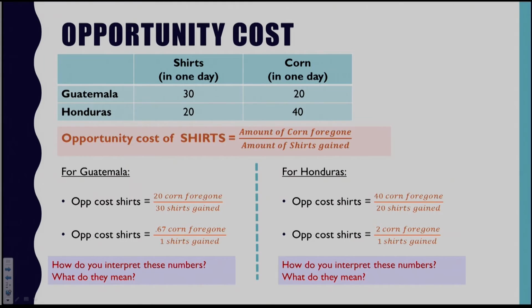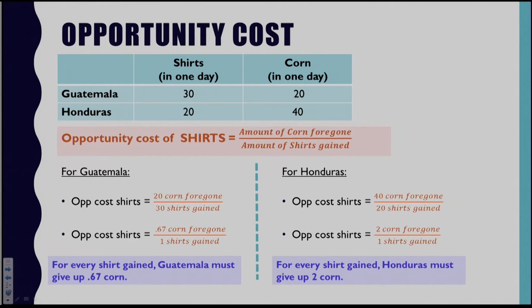So I want you to take a moment and make sure you know a sentence that explains the opportunity cost for Guatemala and do the same for Honduras. All right, well, if you need more time, hit pause on your video. I'm going to go ahead and move on.